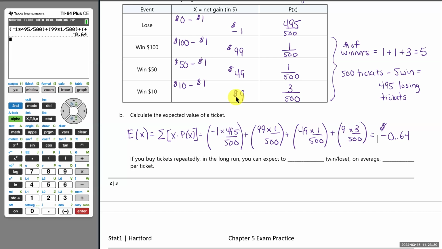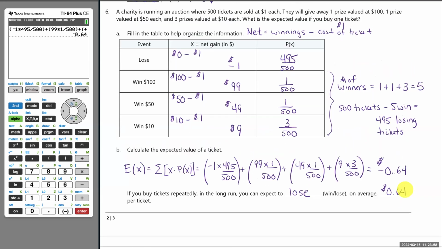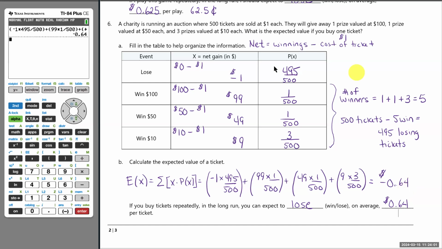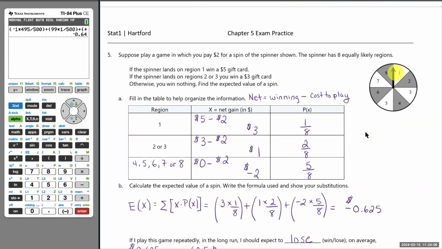So in the end, on average, because the expected value is negative, I know that on average, I'm going to be losing 64 cents, or so in dollars here, $0.64 per ticket. And again, it's 64 cents, but we'll just leave the units here as dollars. All right. So that takes care of an auction or raffle type question, along with a spinner type question.